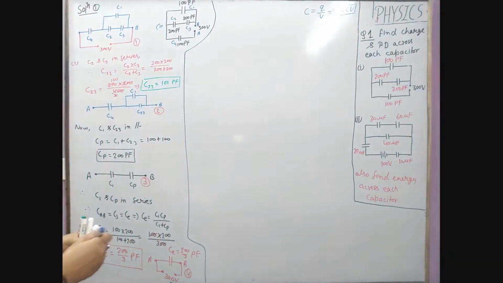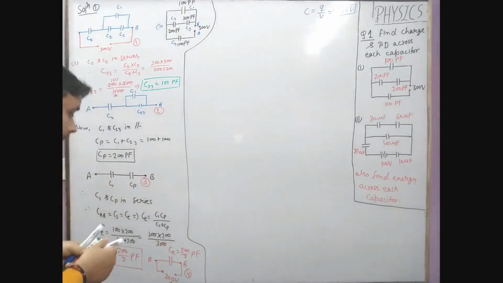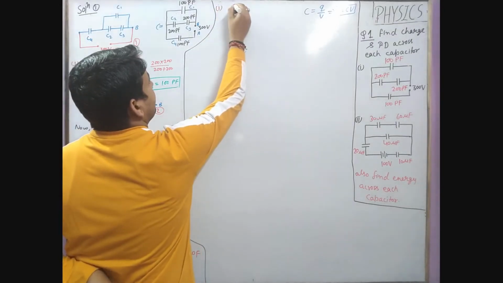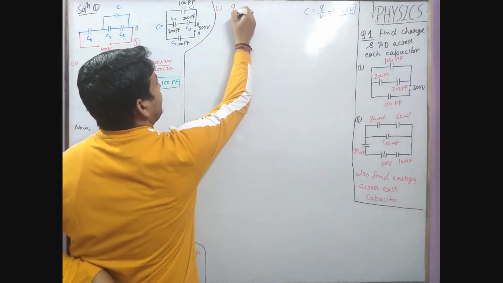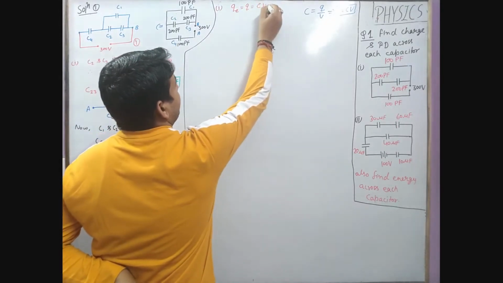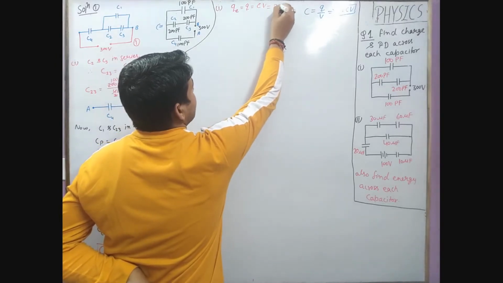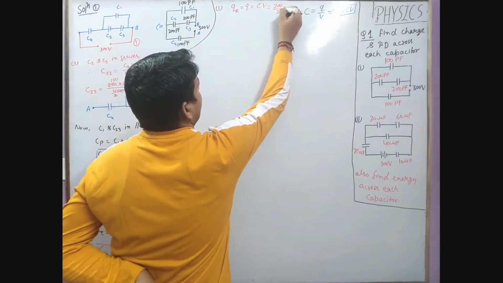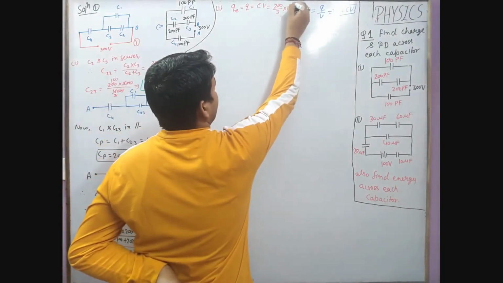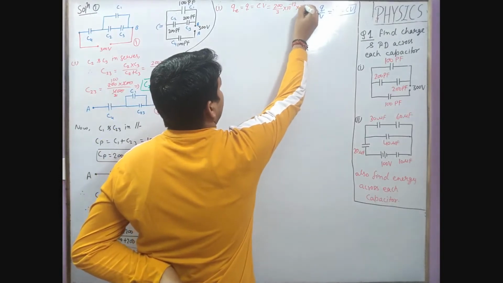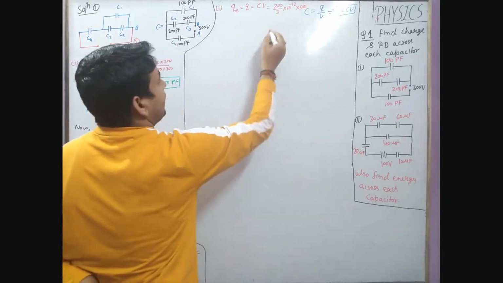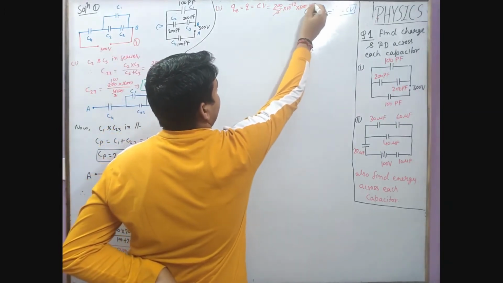Now first we calculate the charge in the circuit. Q equivalent, the charge in the circuit, is CV, which is equal to 200 upon 3 into 10 to the power minus 12, in farad, into 300. Now you find that this is cancelled by 100 times.